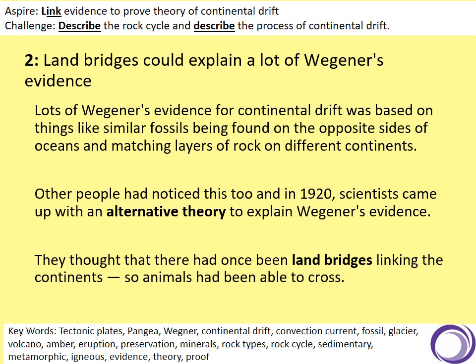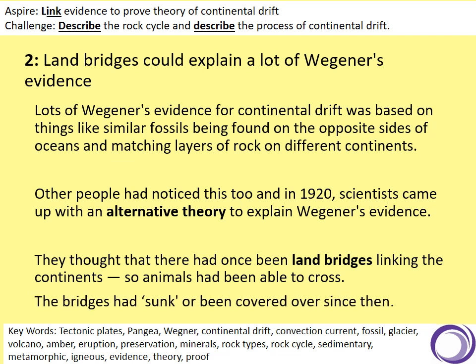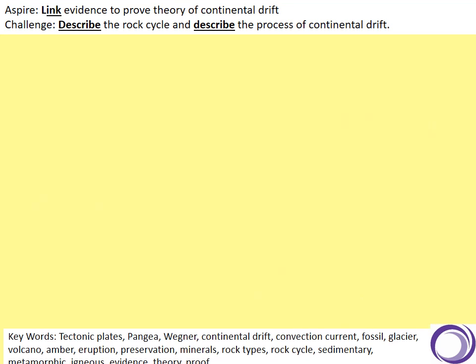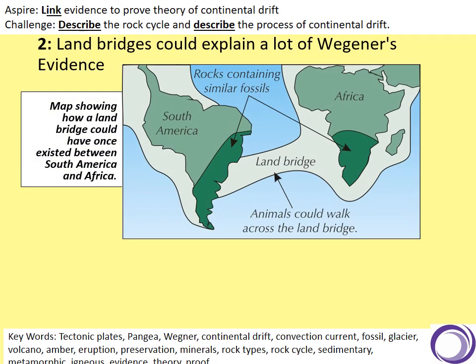So animals had been able to cross these land bridges, explaining the different fossils on different sides of oceans, and the bridges had later sunk or been covered over since then. So this is what they had proposed, that actually there were land bridges linking South America and Africa, and that, as we've said, the animals could walk across this land bridge, meaning that similar species were found at both sides of the Atlantic Ocean.